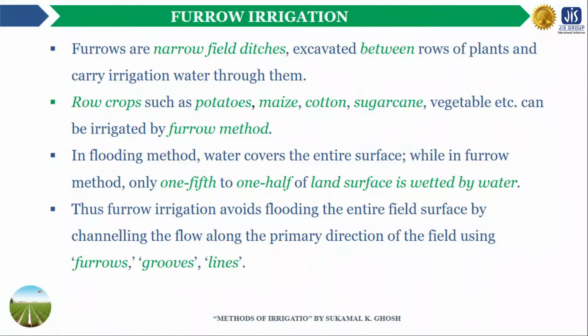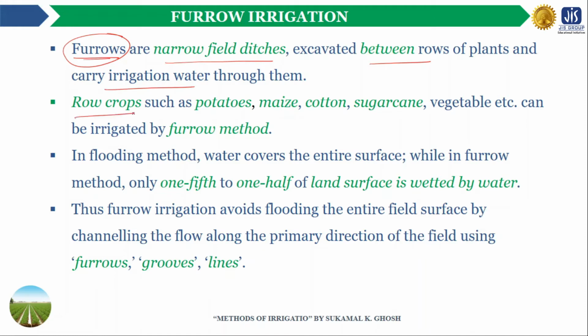In the furrow method of irrigation, water is applied to the land by a series of long and narrow field ditches which are excavated between the rows of plants. These narrow and long field channels are known as furrows, and they carry the irrigation water in the field.